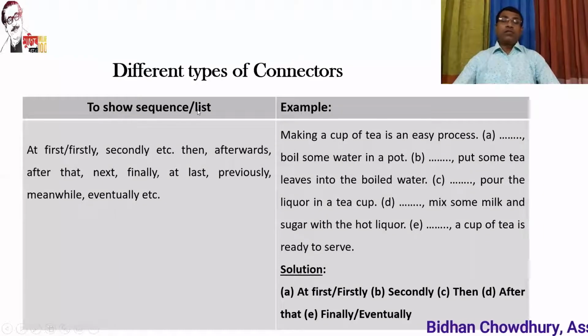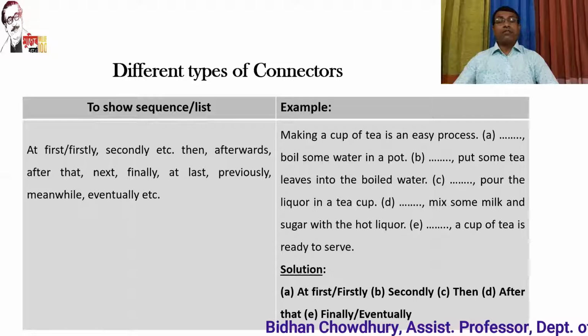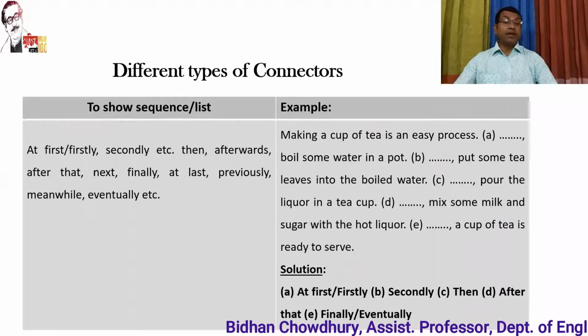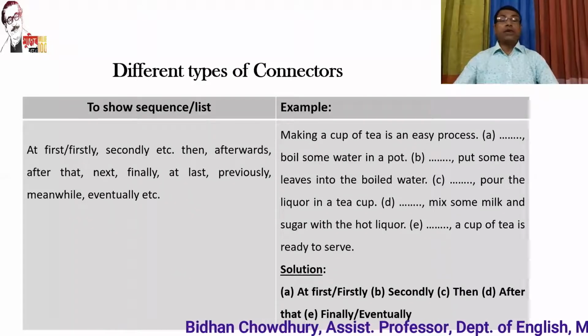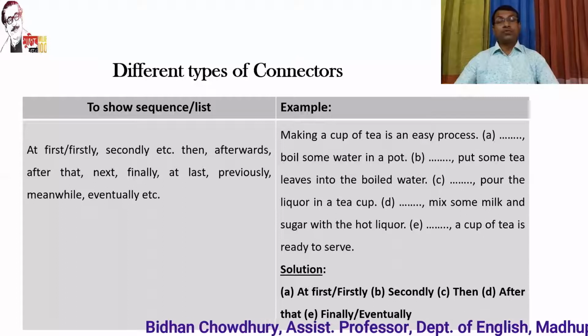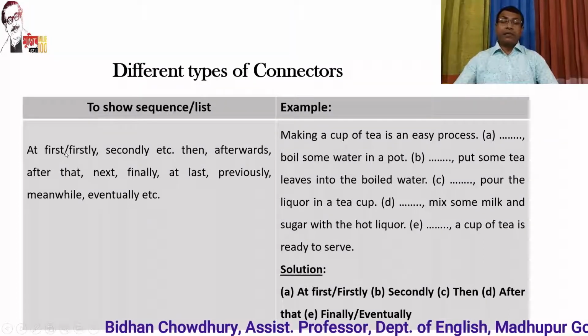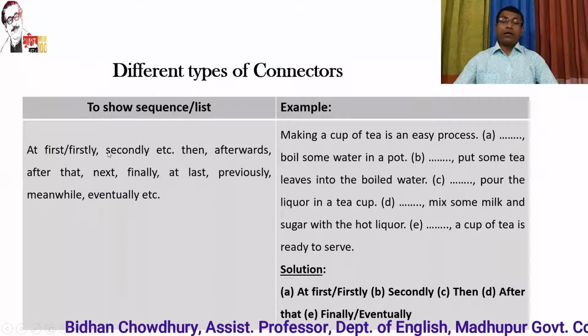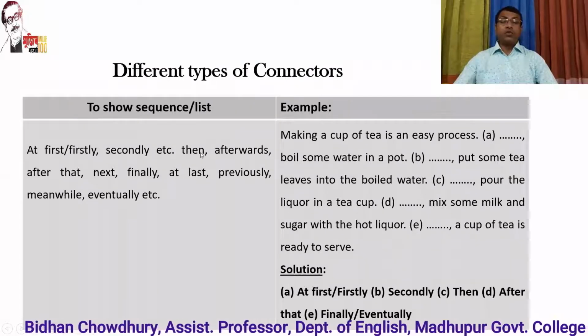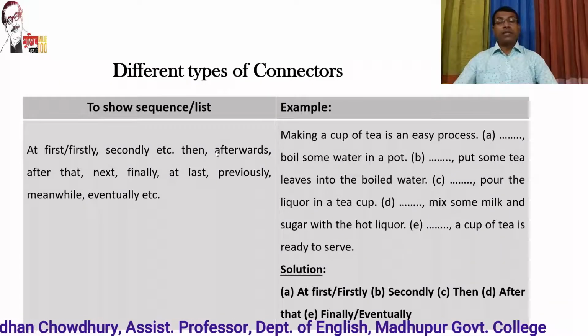To show sequence or list, if we find a passage where a sequence or a list is given, then what type of connectors we should use? Here I have given some connectors that are frequently used to describe a sequence or to make a list.